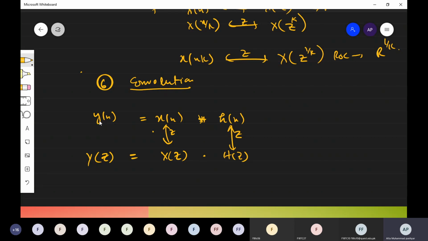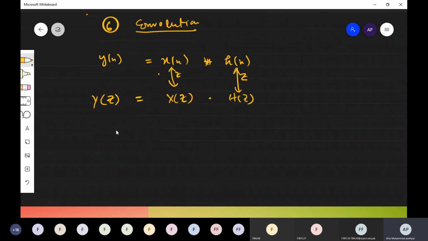So the convolution in time domain is equal to multiplication in frequency domain. So we can say, for example, if we wish to compute Y of z, then Y of z must be equal to summation n from minus infinity to infinity, y of n z power minus n, right?